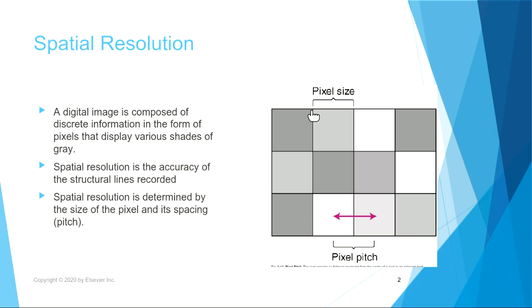Whereas the size of the square picture element is your pixel size. So both things determine spatial resolution: the size of the pixel and the pitch. The pixel pitch determines the spatial resolution on a digital image.